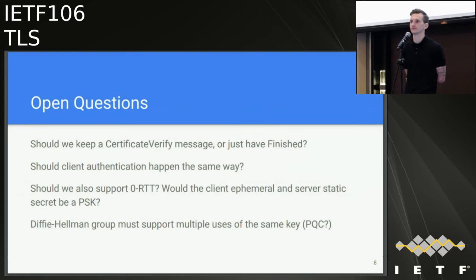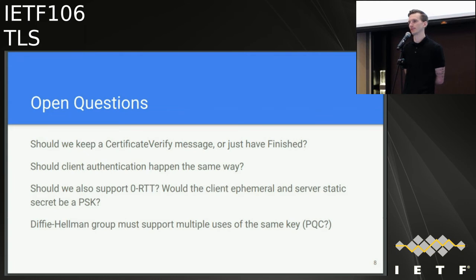This question about certificate verify versus finished turns out to be a philosophical problem. If Hugo Krawczyk were here, he would tell you that the reason you have to have certificate verify is because you are using the long-term Diffie-Hellman key to authenticate the short-term Diffie-Hellman key.